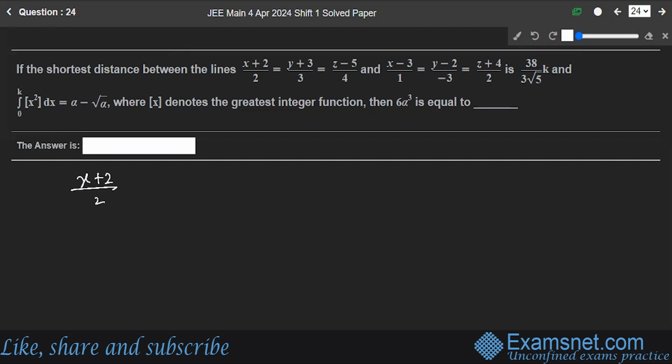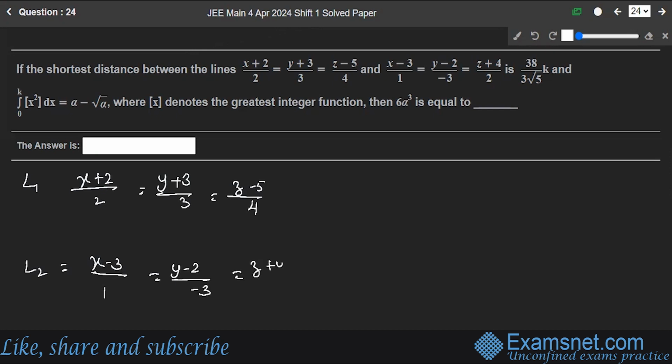(x plus 2) upon 2 is equal to this, is equal to this. So here is line 1 and line 2 is this one upon this. Correct. So you have here V1 is equal to 2i, 3j and 4k.